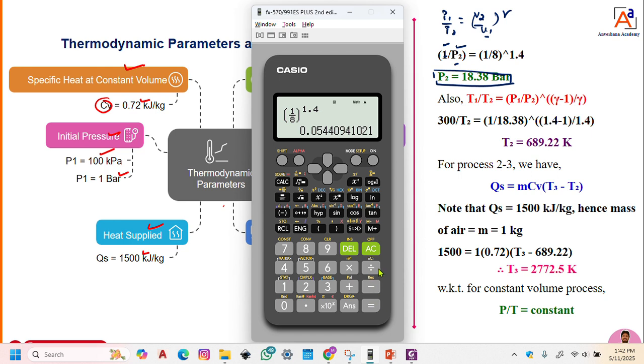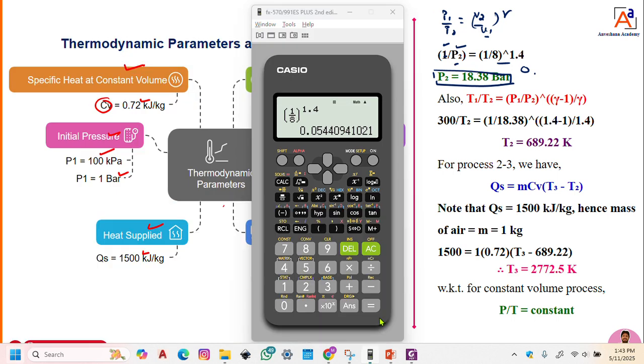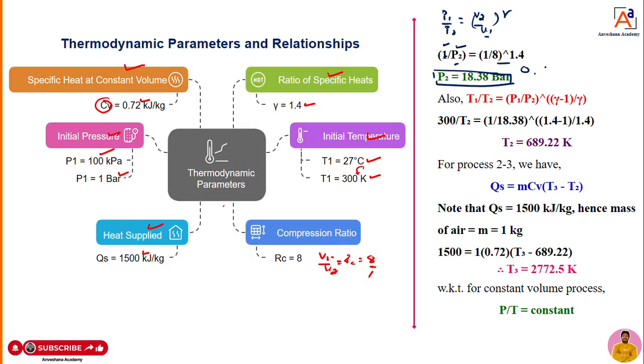How much do you get? You get 0.054. So 1 by P2 is equal to 0.054, therefore P2 is equal to 1 divided by 0.054. You will get 18.38 bar, that is the pressure.